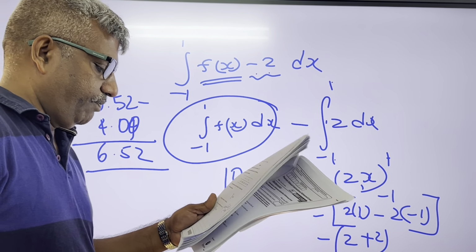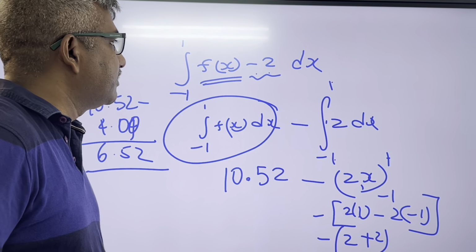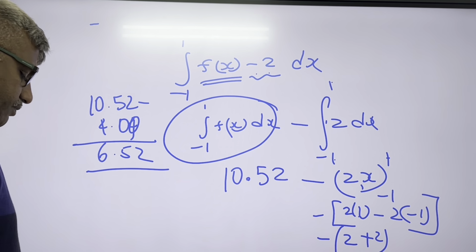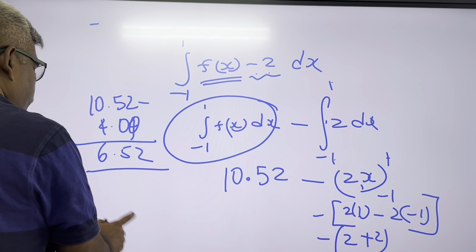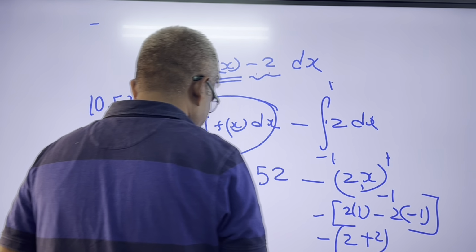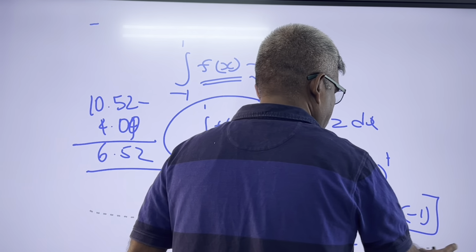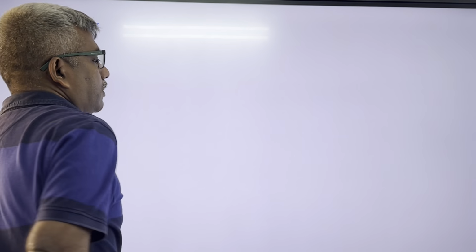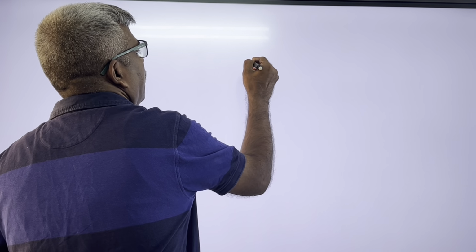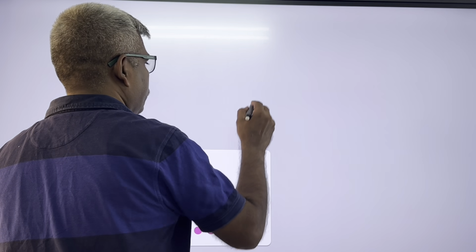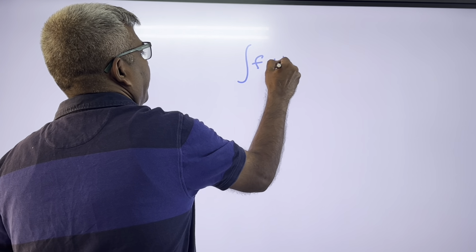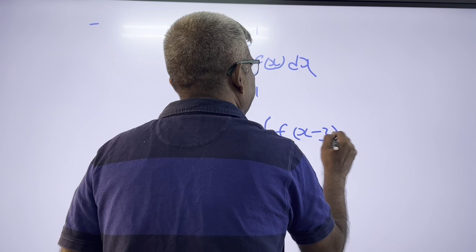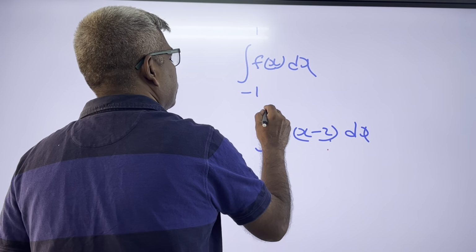This is B(i). B(ii), it is just shifting. You notice, copy down: integration of f of x dx from minus 1 to 1, and f of x minus 2 dx from 1 to 3.